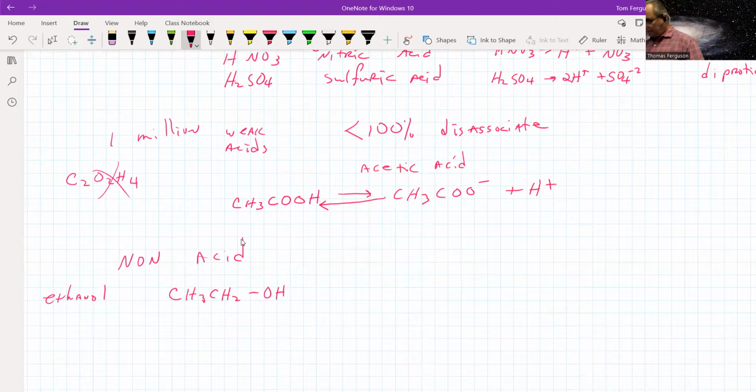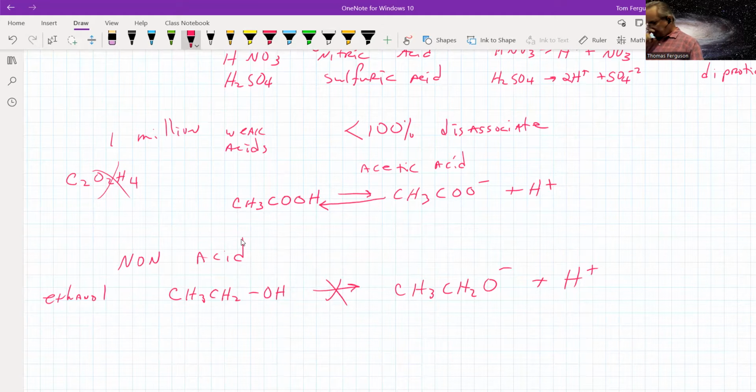Ethanol is drinking alcohol. Now, the reason why, remember what drives reactions all the time? What have I always told you? Stability.